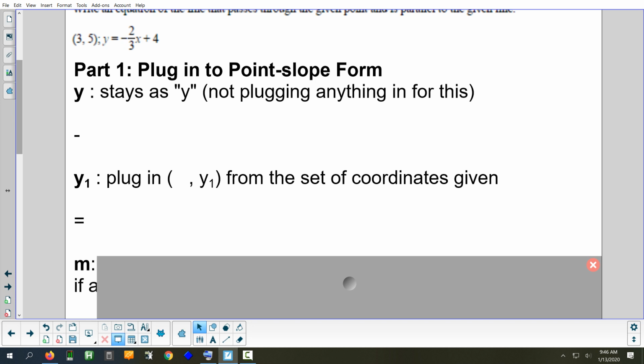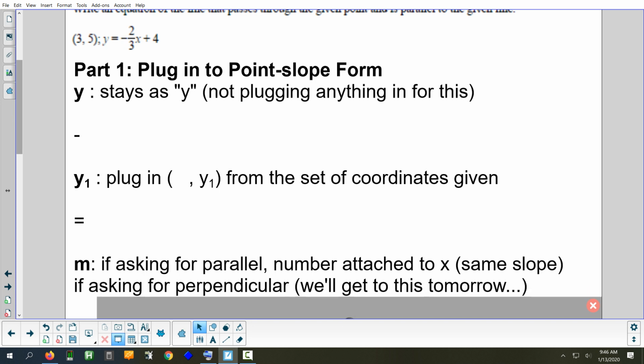Okay, next thing is M. Adriana, what's M stand for again? That's my slope. And Jaden, is the slope something I have to fill in for or leave it the same? Yes, I have to fill that in. So now, we haven't done this in a while, but remember, if lines are parallel, they have the same slope.